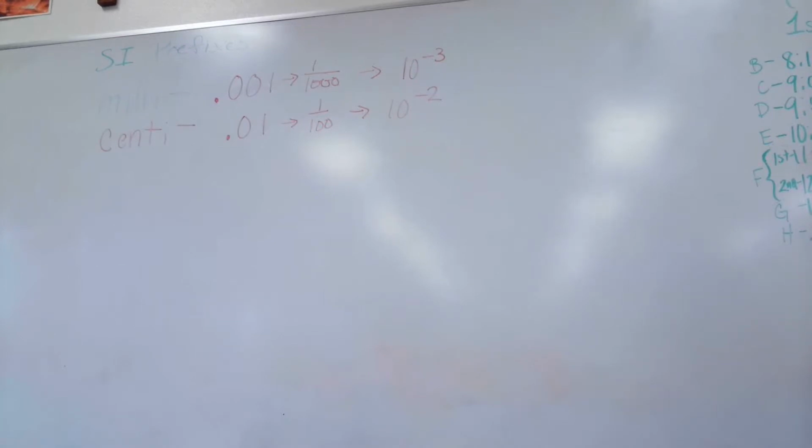Decameter would be 10 meters, but writing 10 meters is not hard. And most people are going to be more familiar with the quantity of 10 meters than 1 decameter. So we just generally stick to using the base unit until we get to 1,000 of them. Cool? So anybody guess what 1,000 is?